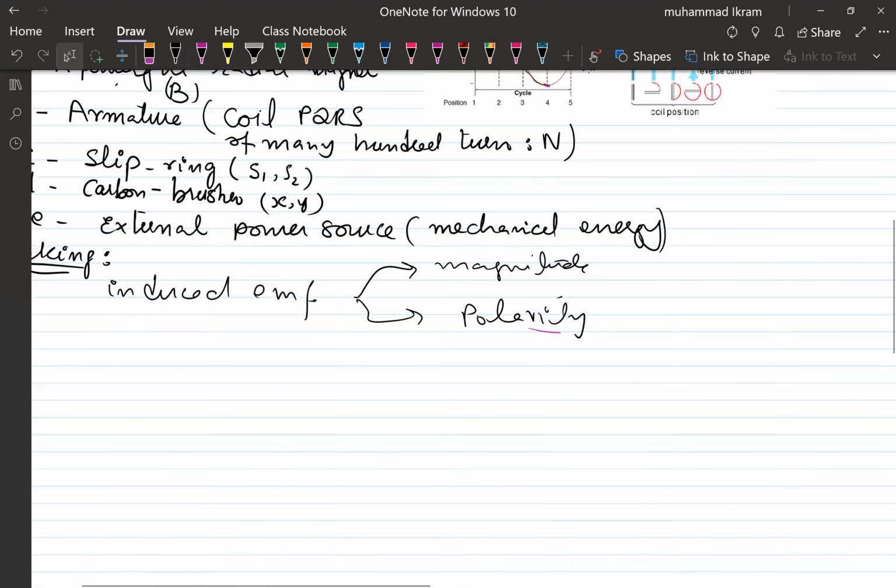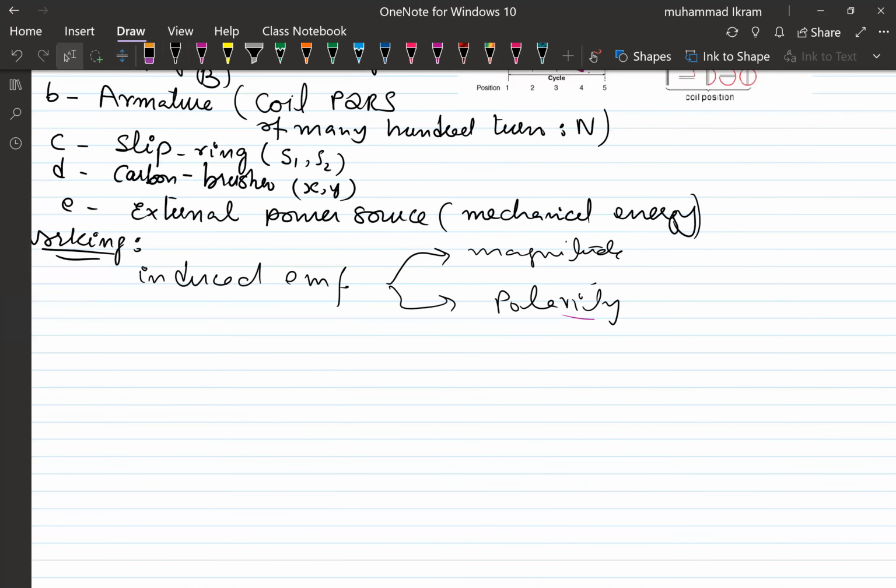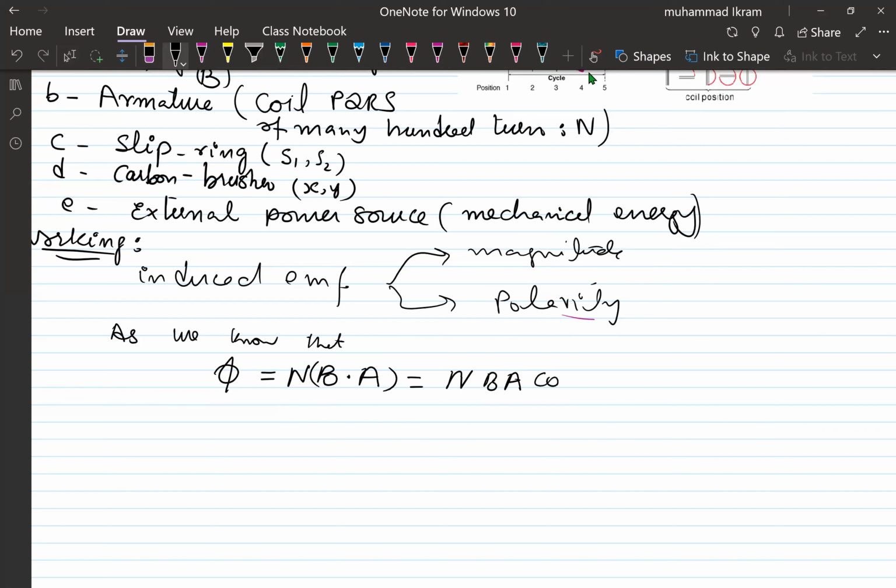Now, as we know, the flux through a single loop is equal to B dot A. But if there are n turns, it will be directly proportional to the number of turns, and it becomes n into BA into cos theta, where theta is the angle between B and the area vector of the loop.